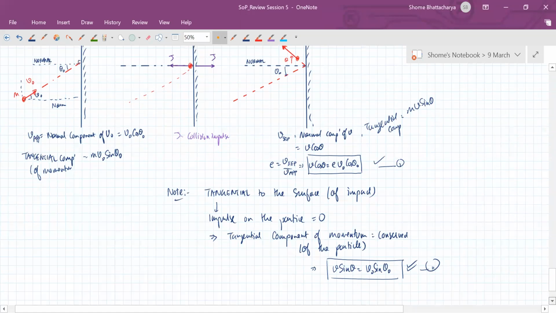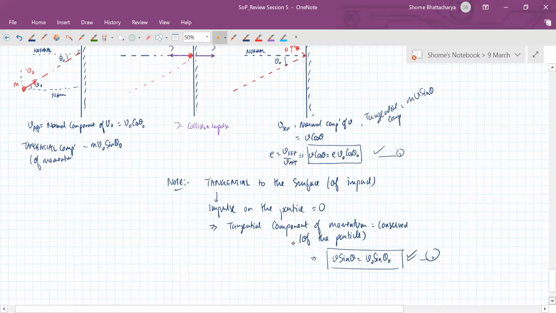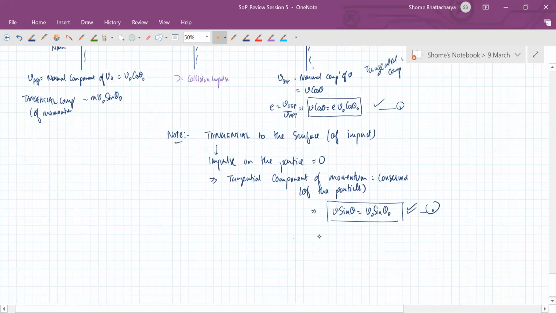Now from equations 1 and 2, we can see that v's final value is the square root of (e v naught cos theta naught) whole square plus (v naught sine theta naught) whole square. That comes out to be v naught into the square root of e square cos square theta naught plus sine square theta naught.